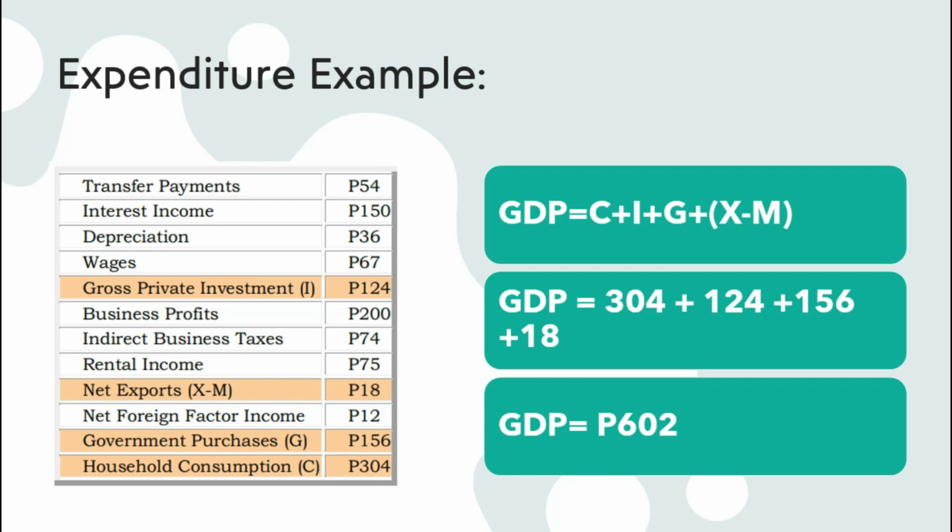We have here 156, and our net export is 18 pesos. So to get the answer, we sum up all the values we got from our table. So the answer here for the GDP is 602 pesos.